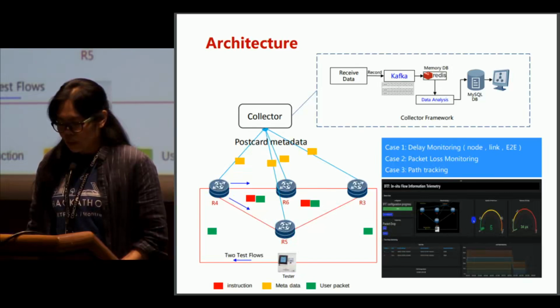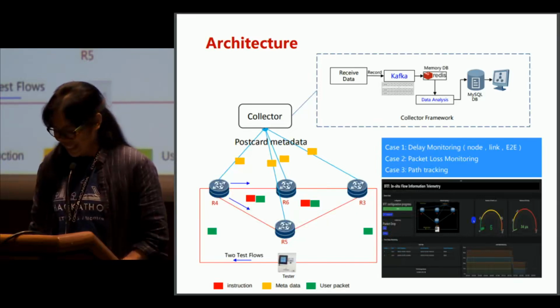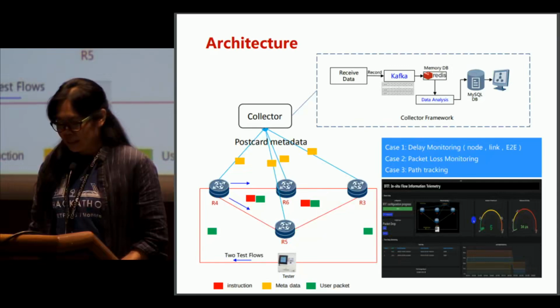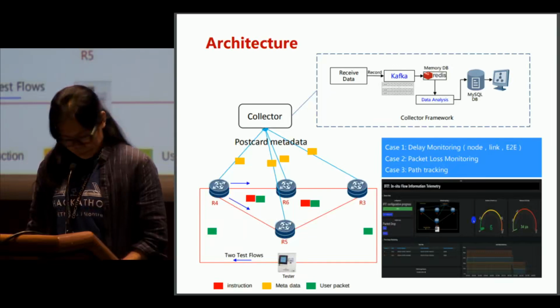The collector framework is circled by the dashed line. We built the collector framework based on open source projects. For example, Kafka as the distributed message queue, Redis as the in-memory DB, and then Grafana as the GUI.